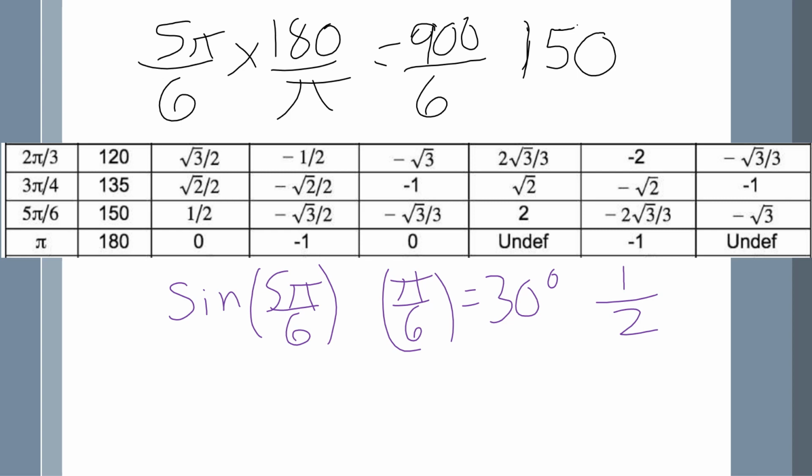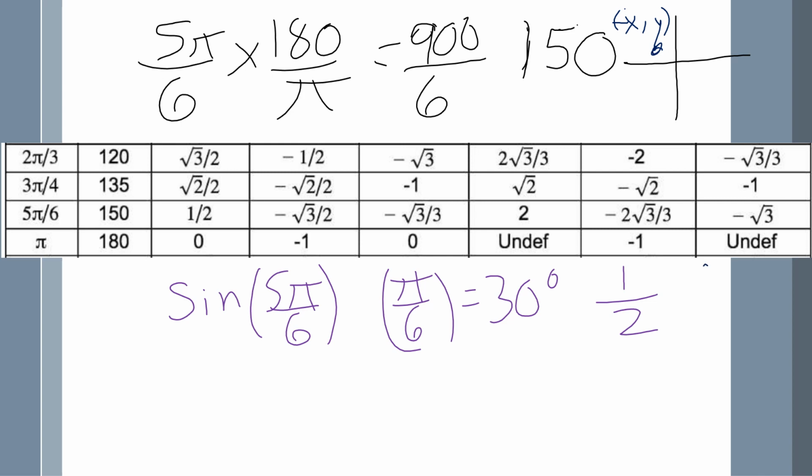So ask yourself, 150 degrees, which quadrant is that in? That's in quadrant 2. Now because we know it's sine, are we going to be a positive 1/2 or a negative 1/2? Positive, because sine being the y value is positive.